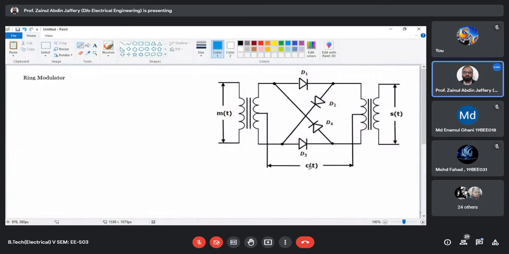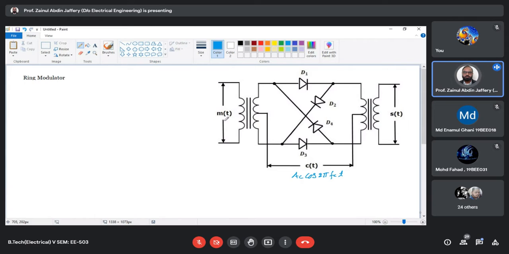So you see, this is your carrier c(t), right? So actually you have connected here your same signal Ac cos 2 pi fc t. So this is the carrier signal, and this is your modulating signal, message signal. Okay.